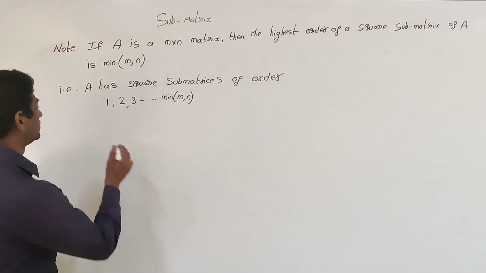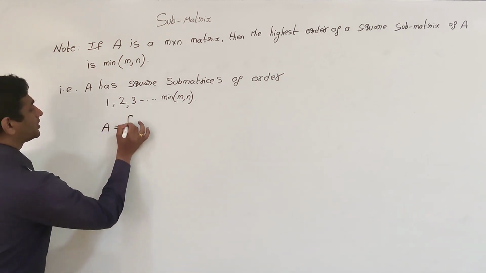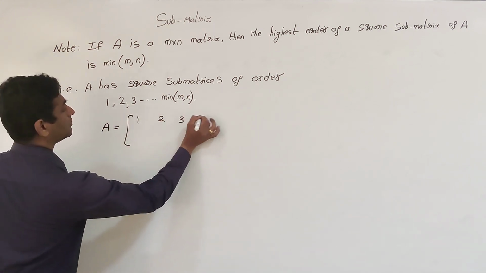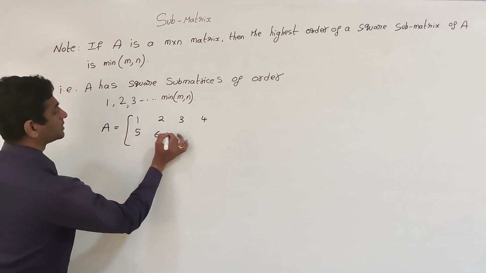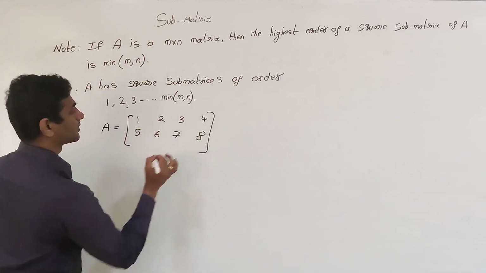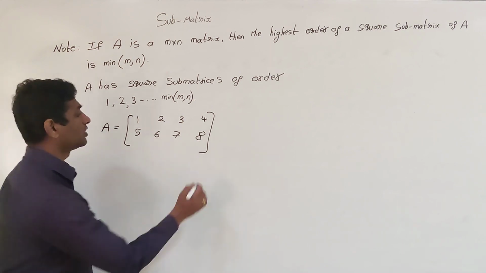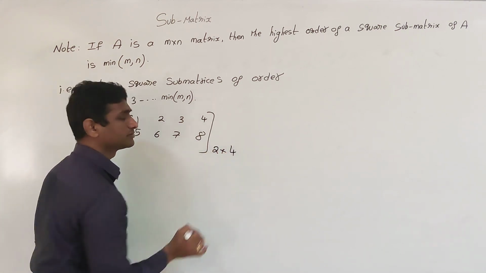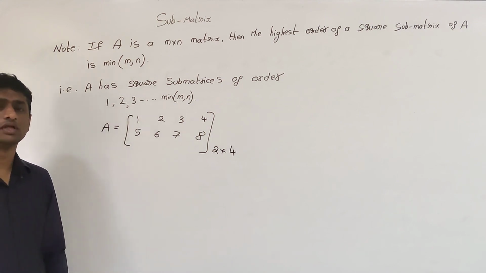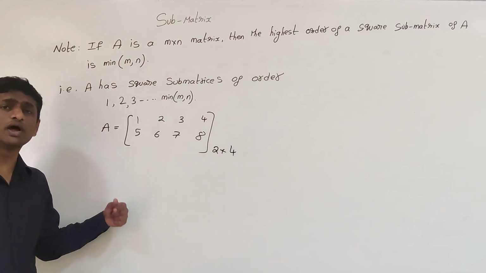For example, suppose A is the matrix 1, 2, 3, 4, 5, 6, 7, 8. What is the size of this matrix? It is a 2 by 4 matrix. In this, what are the square submatrices?